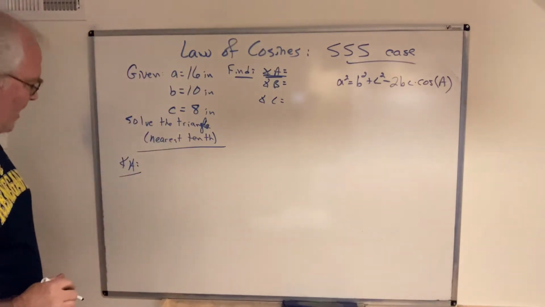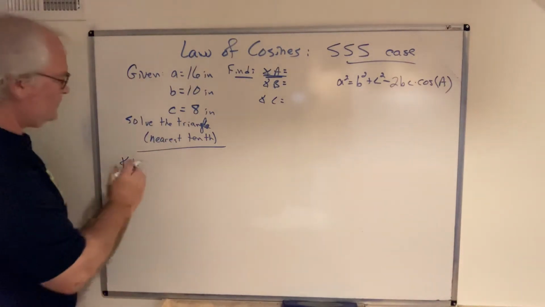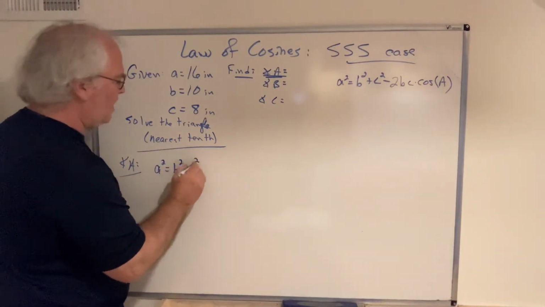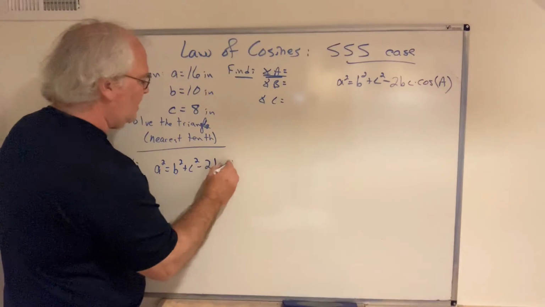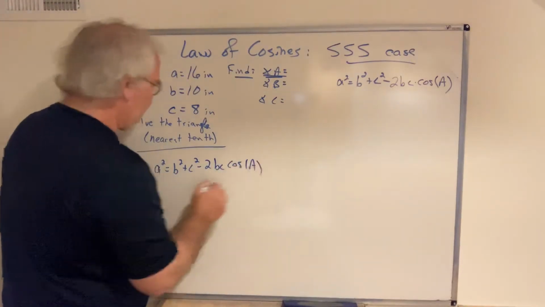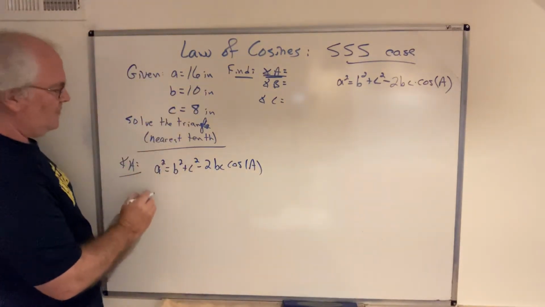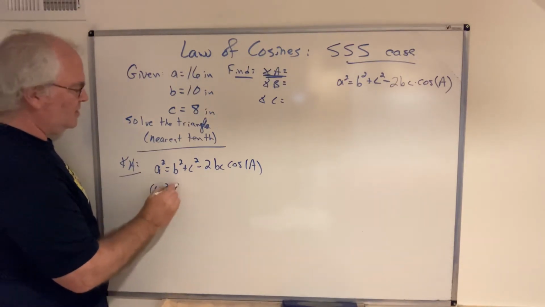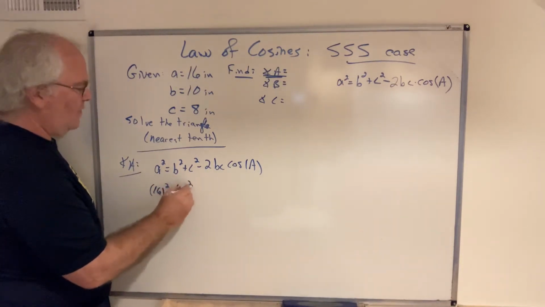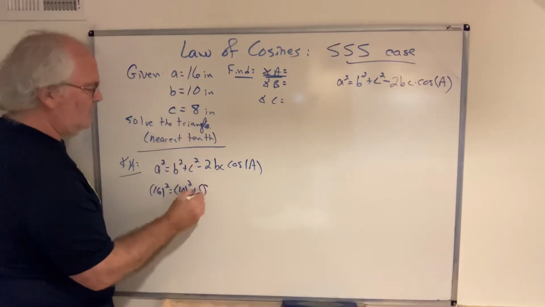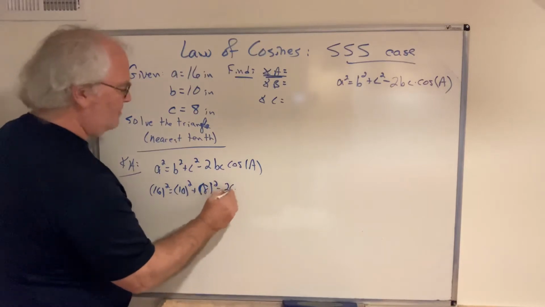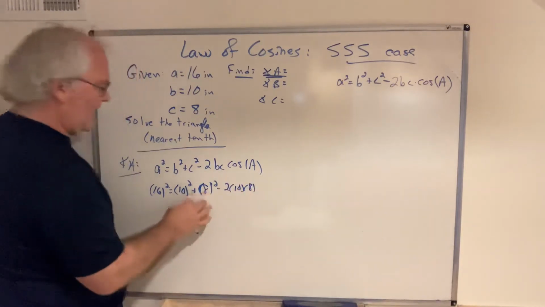So angle A is given by, well, we know A squared is equal to B squared plus C squared minus 2BC cosine of A. And so plug the values in. We have 16 squared is equal to 10 squared plus 8 squared minus 2 times 10 times 8, right?